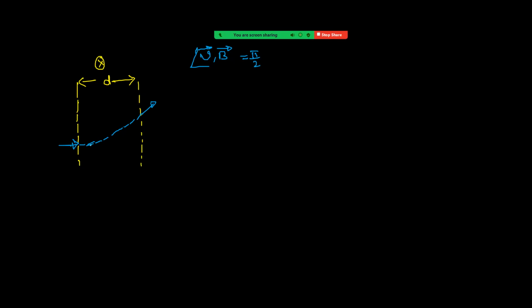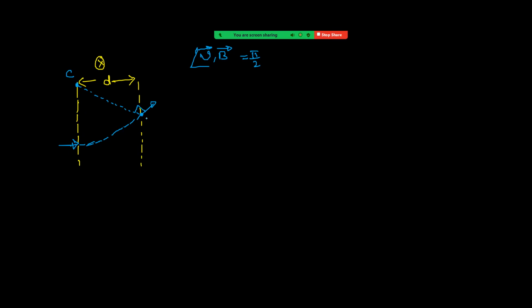Now see what we can do. If we draw the normal for this velocity vector at this point, this line becomes normal for this velocity vector. Now draw the normal for this velocity vector at this point when it is coming out of the field. So these two normals will meet at the center of the circle.